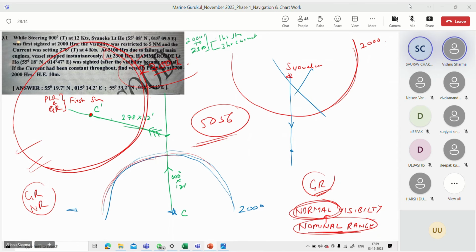This is the 8 o'clock PC transferred to 2300 hours. That's what we have drawn. Understood, sir. Okay, chalo. I'll close this because there's no point wasting time on it. This will always have this issue.